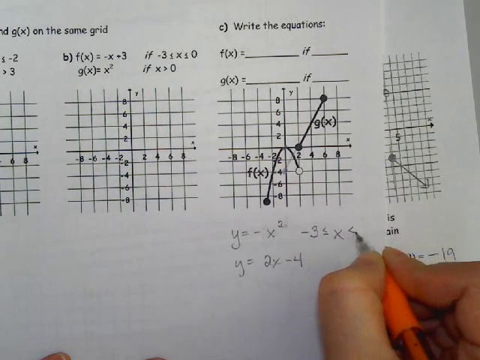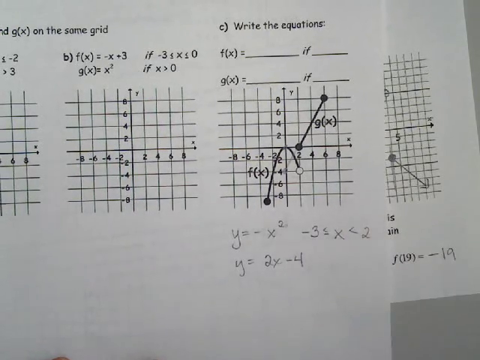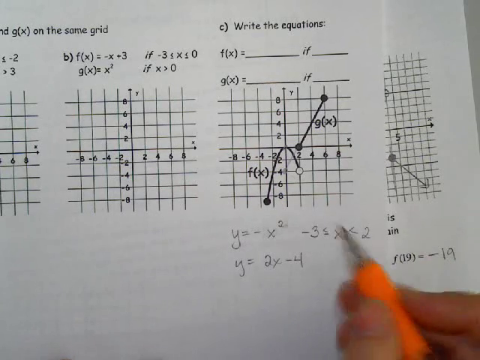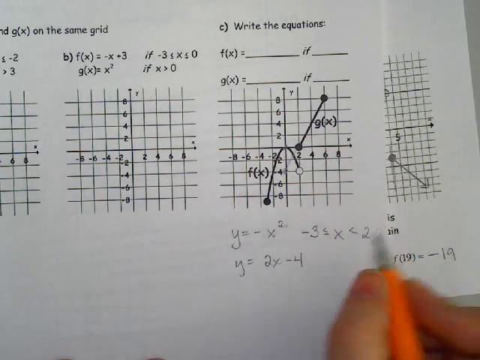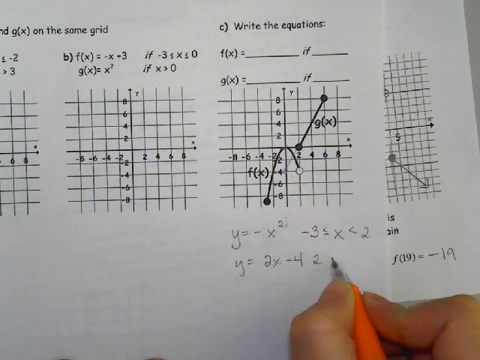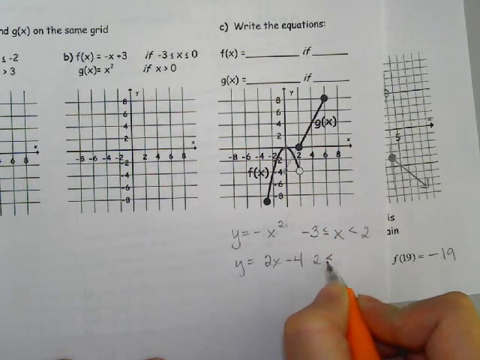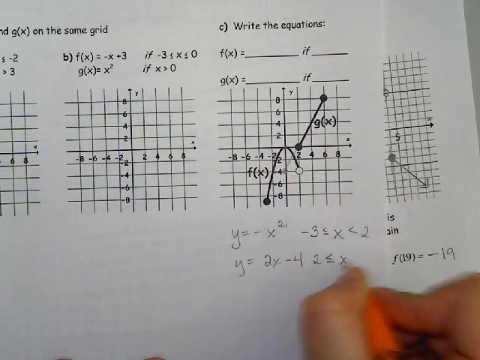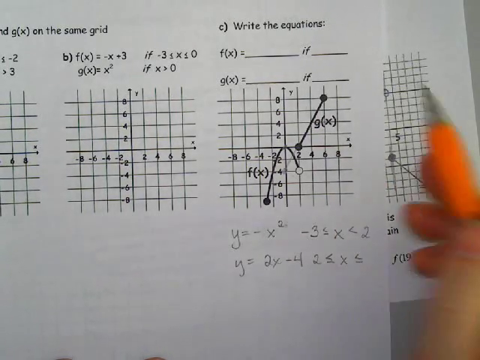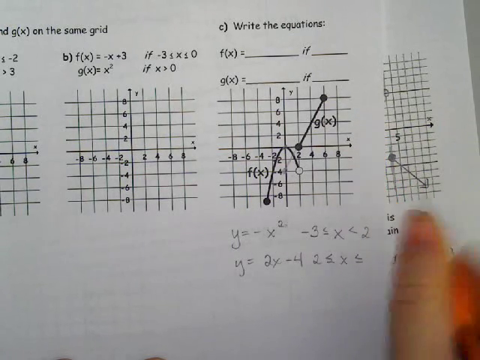And because that's an open circle, we're going to look like that. So it's the equation and then the domain restriction. And then this part, our lowest value for your x's is 2. That's a filled in circle, so it's less than or equal to x, which is less than or equal to 6.